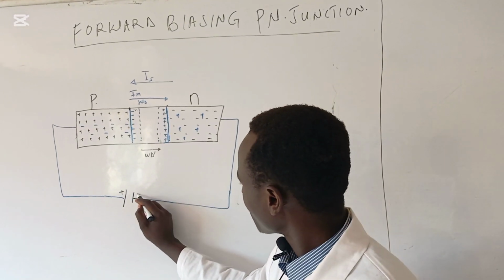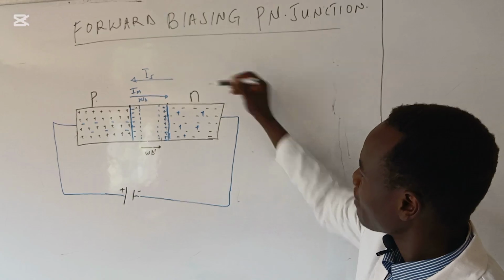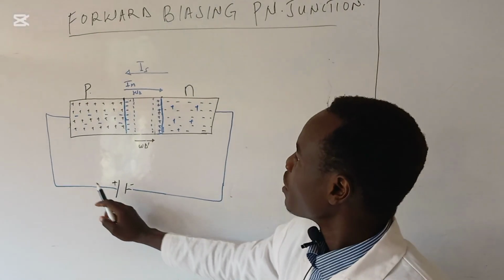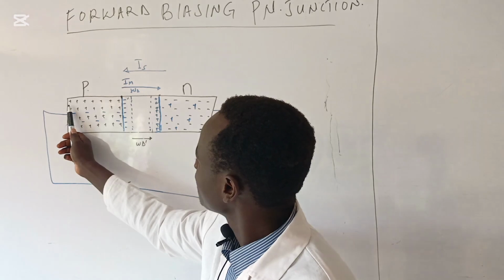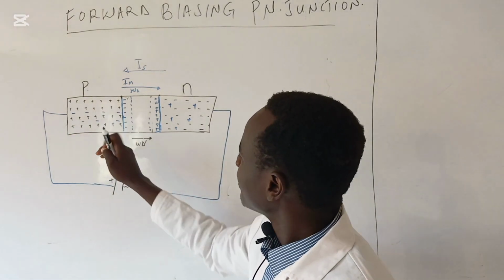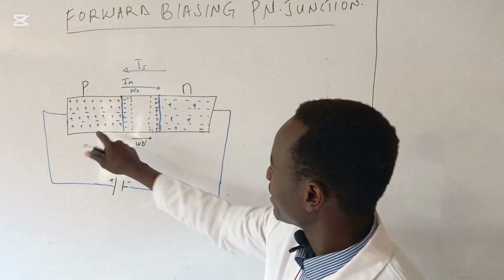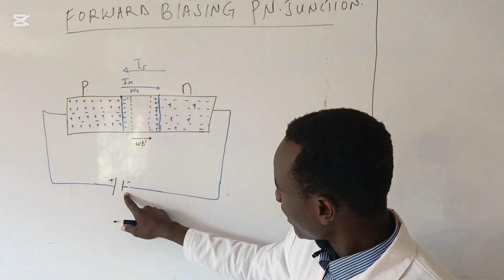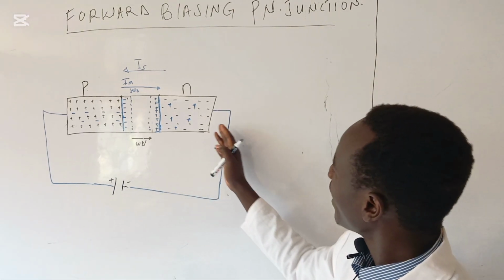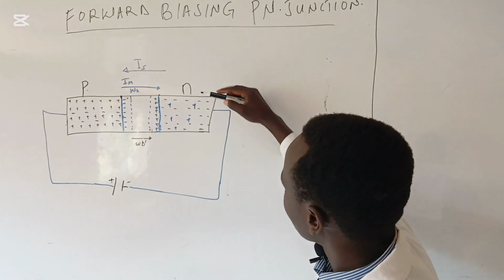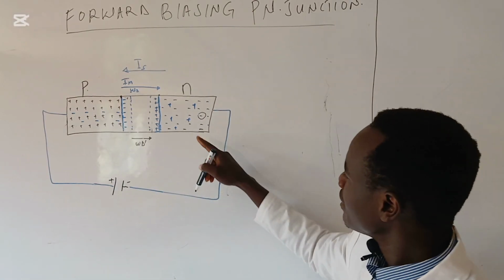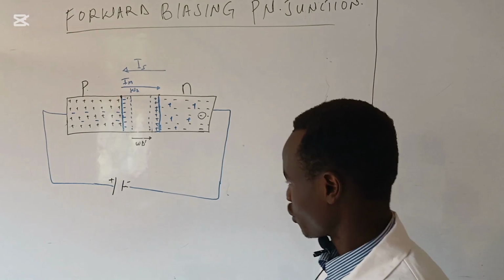Now, if you connect the positive terminal of the battery to the p-type semiconductor and the negative terminal to the n-type semiconductor, the positive terminal of the battery will repel the positive holes in the p-type semiconductor. The negative terminal of the battery repels the electrons in the n-type towards the p-n junction.